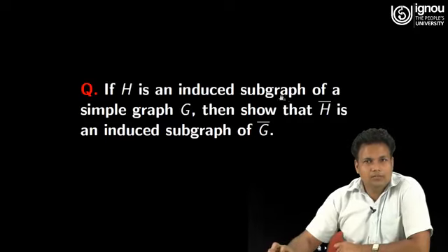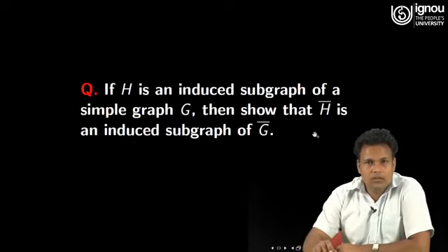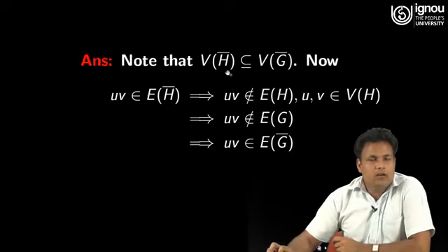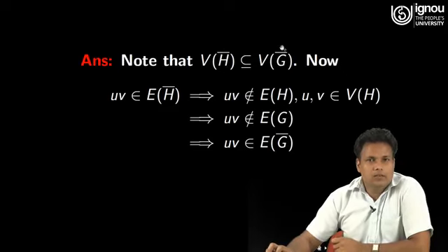If H is an induced subgraph of a simple graph G, then we shall show that H bar is an induced subgraph of G bar. The first thing is that the vertex set of H bar is a subset of the vertex set of G bar, right? Because the vertex set of H bar is nothing but the vertex set of H itself, and the vertex set of G bar is nothing but the vertex set of G itself.